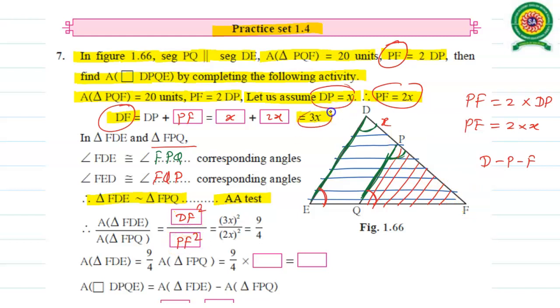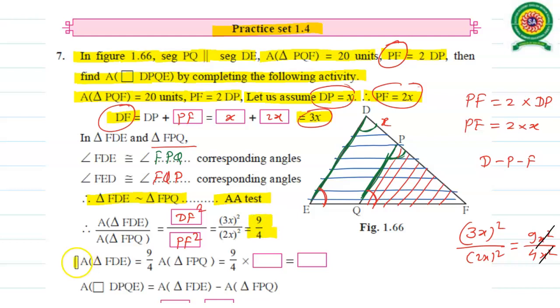DF we have as 3X, so 3X the whole square, and PF we have as 2X, so 2X the whole square. 3 square becomes 9 X square, 2 square becomes 4 X square. X square and X square from numerator and denominator get cancelled, we are getting 9 divided by 4.